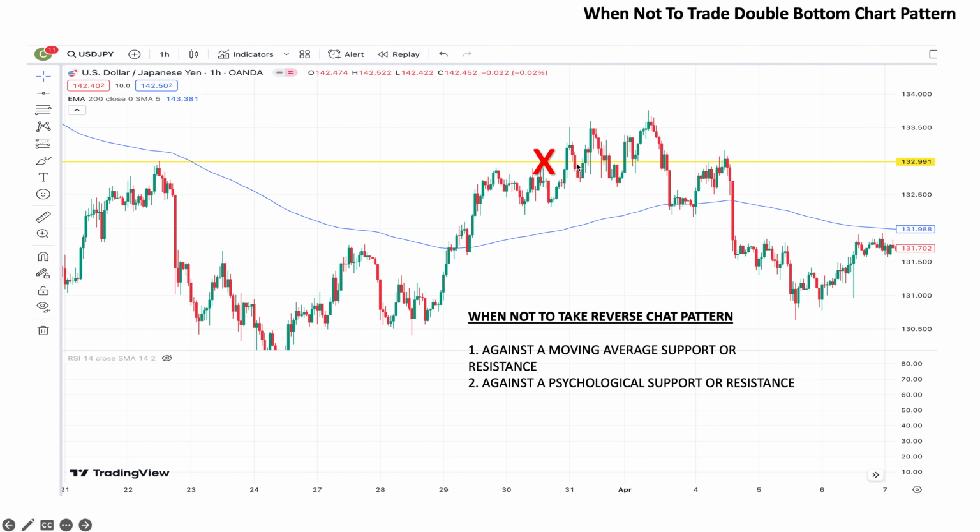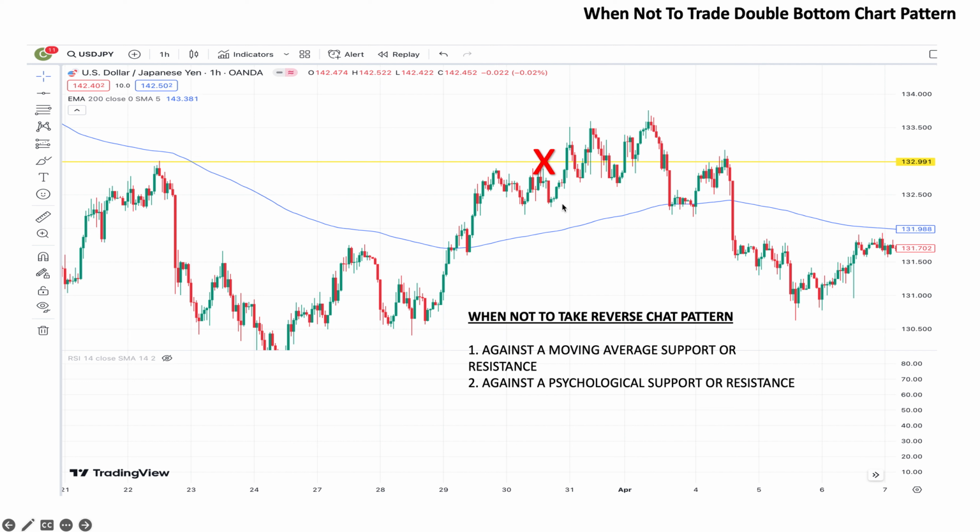Below, in the downtrend where there's a double bottom, you can see it moved so much. But in the uptrend, when the price is above the moving average, you look at a double bottom, take the trade, and it falls down. Then you find yourself losing on a double bottom and think it doesn't work. No, it does work.